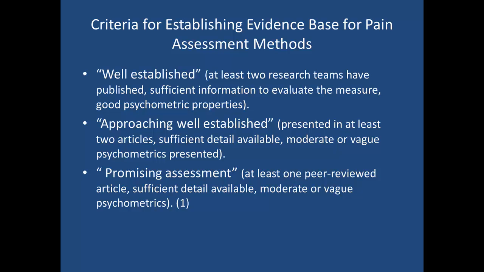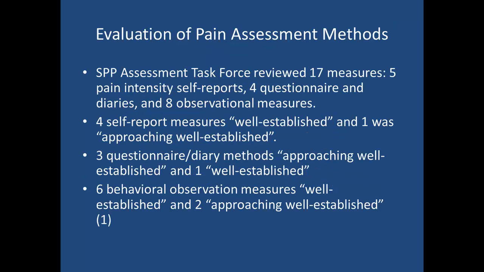Measures were considered approaching well-established if presented in at least 2 articles, there's sufficient detail available, and moderate or vague psychometrics are presented. An instrument is considered promising if there's been at least 1 peer-reviewed article, there's sufficient detail available, and moderate or vague psychometrics have been established.